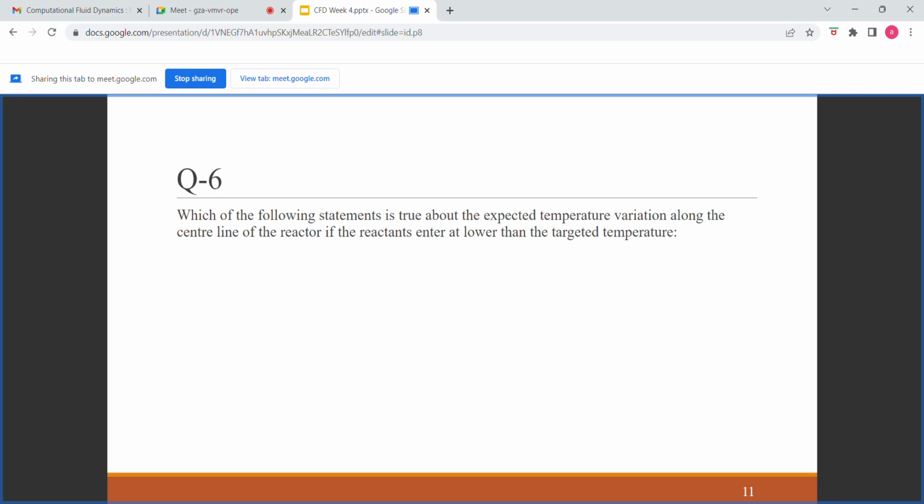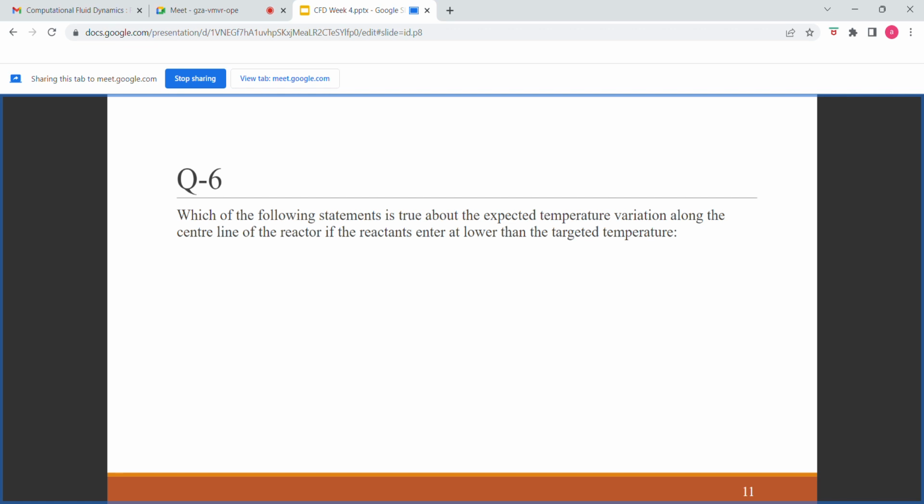So preheating or cooling between planes A and B would be carried out depending on what the situation demands.